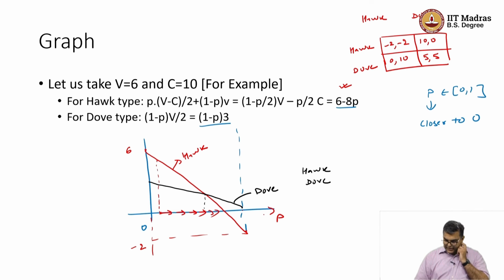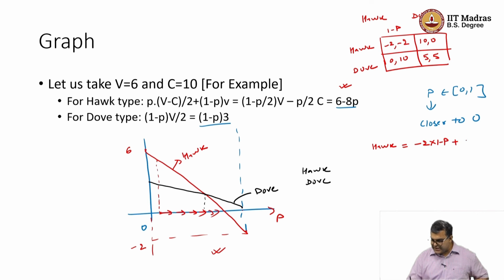What we have done, that in population of dove, hawk has been introduced. We will do it the opposite way. Now, let us say that population is made of hawk altogether. So, let us say that this is 1 minus p and dove is p. How much is the fitness of hawk? It is minus 2 multiplied by 1 minus p plus 10 multiplied by p. So, minus 2 plus 2p plus 10p, 12p minus 2, and dove are going to be 5p.